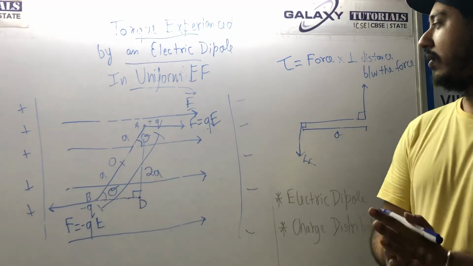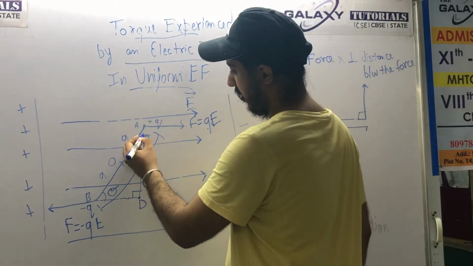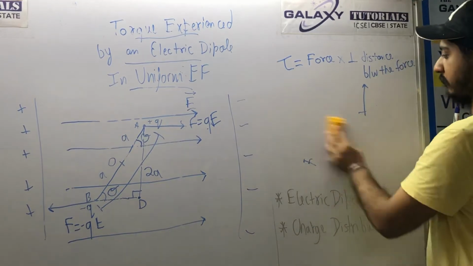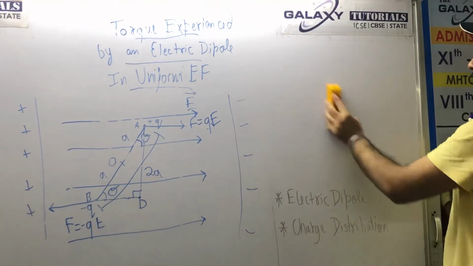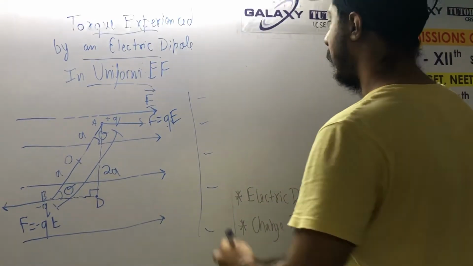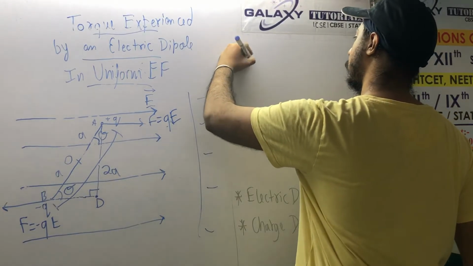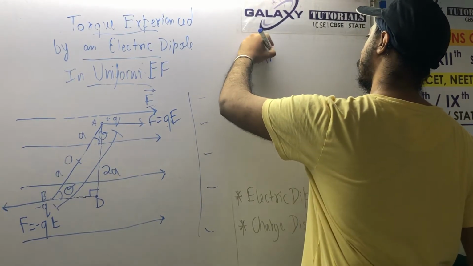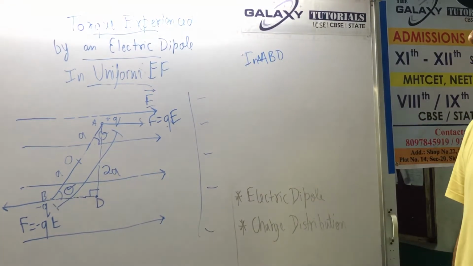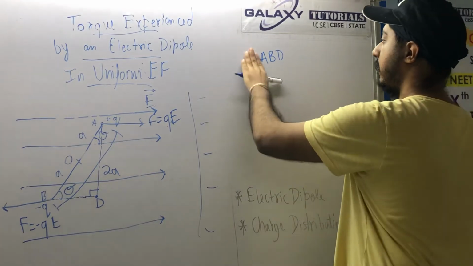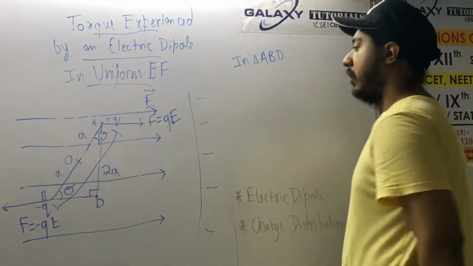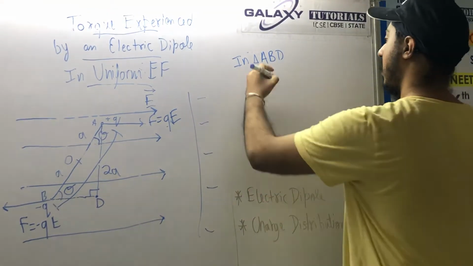Now let us look at triangle ABD. In triangle ABD, what will be perpendicular?